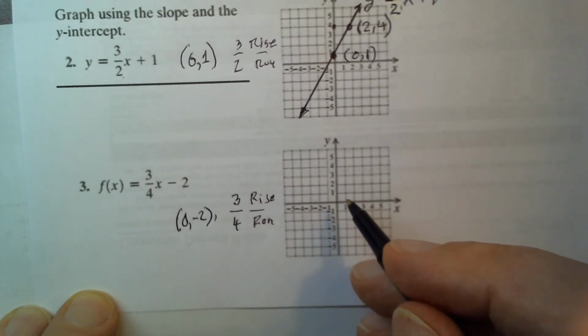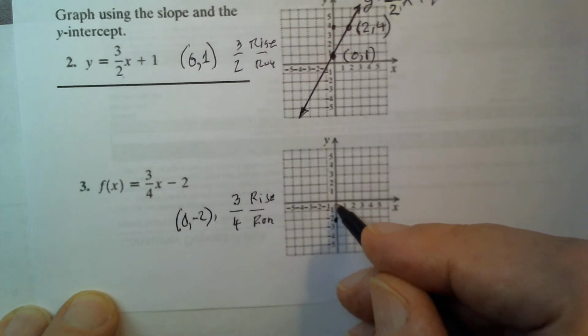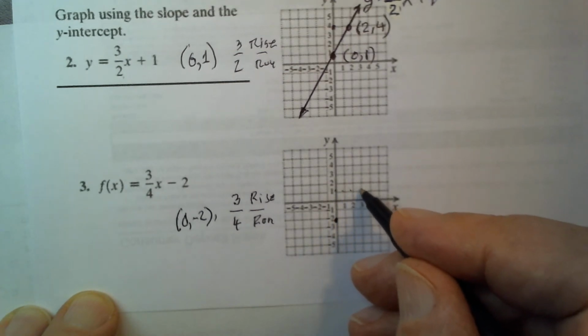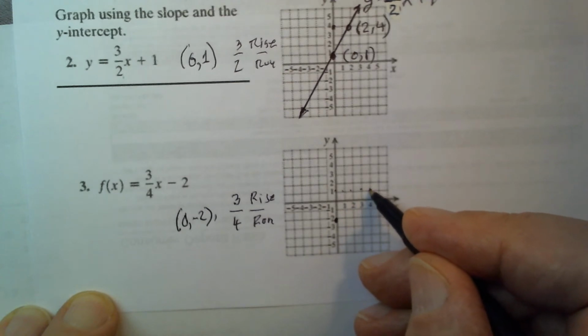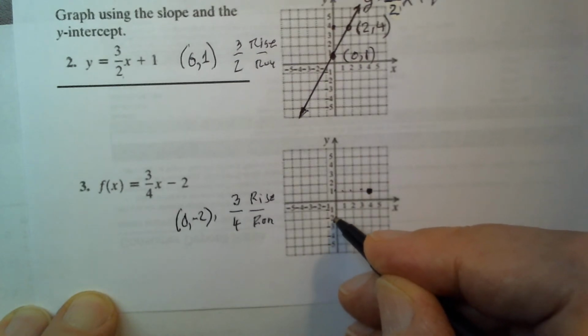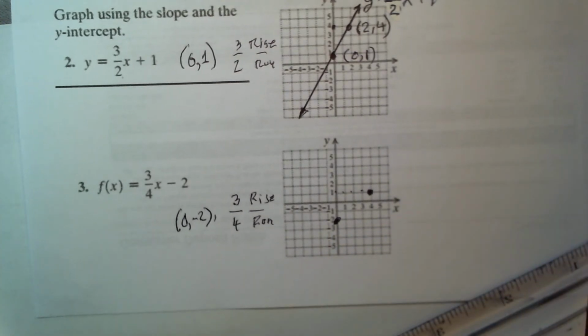The point (0, minus 2) is here. And so we go up 3 units, and 4 units to the right. This is our second point here, and this was our first point, the y-intercept. Now all we do is connect these two points with a straight line.